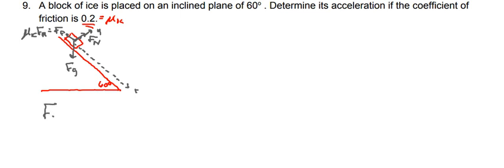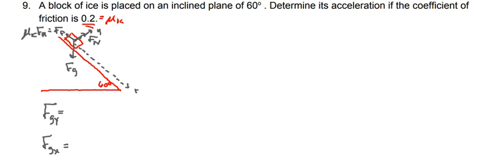So I am going to do this part quickly. If you would like to see me go through the components, look at the video for number 4 and number 3. I think I go through it on both of those. But the force of gravity is going to be split into x and y components. We want to know the acceleration down this incline.